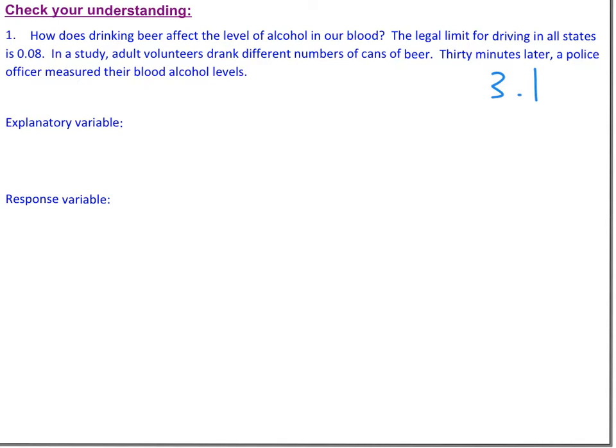When we're getting into association, expect things to look a little bit different. The common theme is we're still looking at numerical data. The difference now is we'll take two variables, one of which we'll call our explanatory variable. The other we'll call our response.